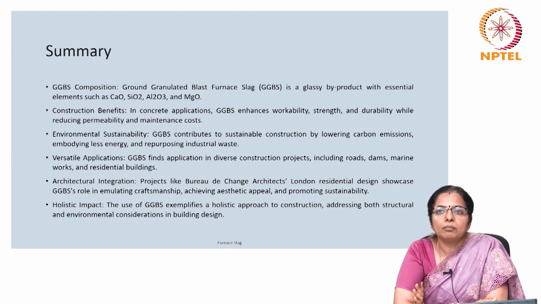Ground granulated blast furnace slag goes beyond structural advantages, embodying environmental sustainability. By lowering carbon emissions, minimizing embodied energy and repurposing industrial waste, ground granulated blast furnace slag aligns with sustainable construction practices.